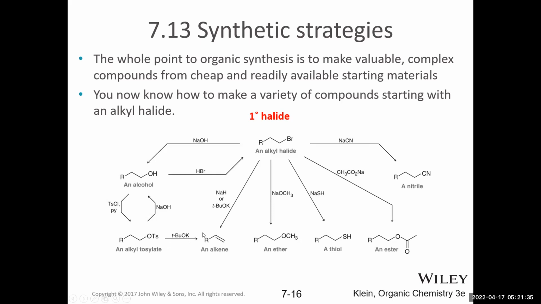And here's another example of an E2 reaction directly from the alkyl halide, either using a small base or a bulky base. Both of these are strong bases. We can get to the alkene product. Notice that in this particular case, we don't have to worry about regioselectivity because there's only one beta carbon. We can just use either of these and give us the same alkene.